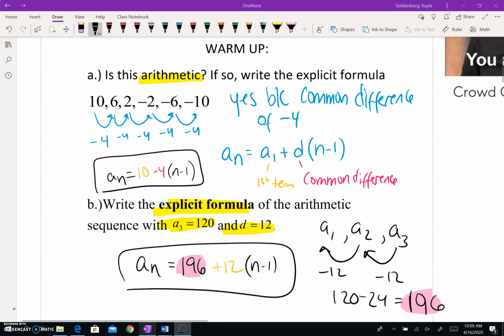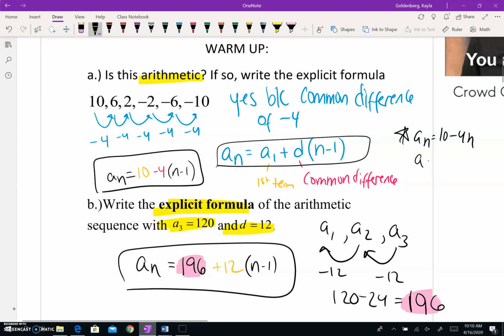And then I put the general formula here, and I labeled each part. So you've got your first term, your common difference, and n minus 1. Remember, the reason why we have the n minus 1 was because a lot of people at first think it's more like 10 minus 4 times n.